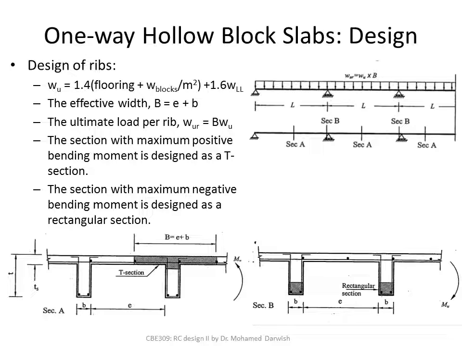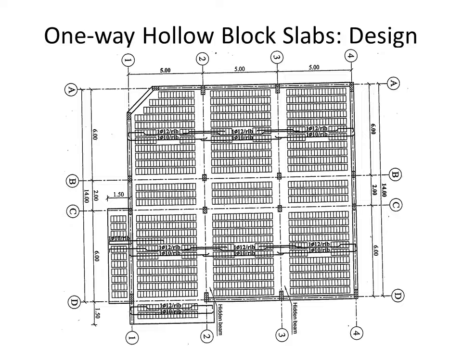The section with the maximum positive moment is designed as a T section. The section with the maximum negative moment is designed as a rectangular section. This is how the blocks are oriented and distributed, and this is how the ribs are reinforced.